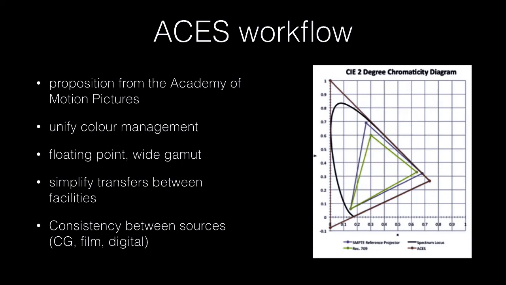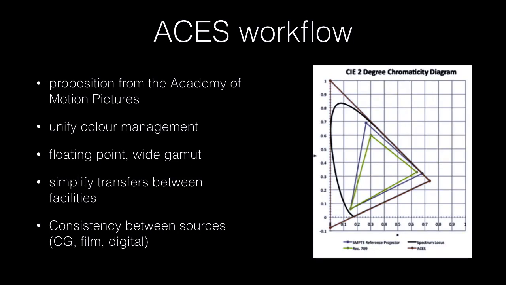The visible locus is this horseshoe. You can see that we have colors that are not visible in the ACES color space. This is compared to the SMPTE reference projector in purple and Rec 709 in green. As you can see, it's a much wider gamut that is used for that.